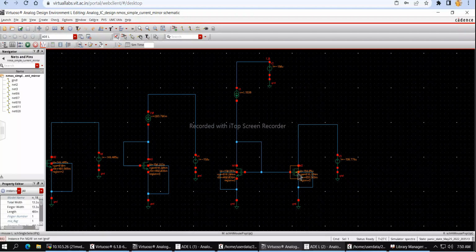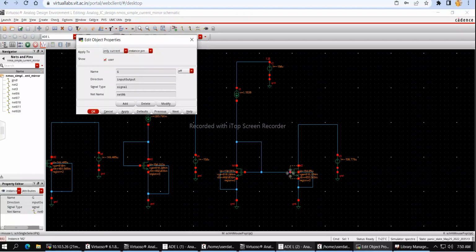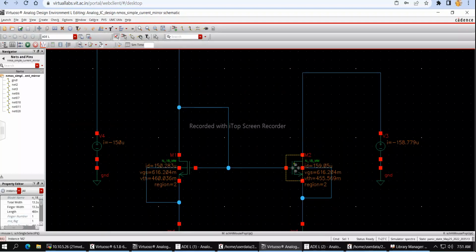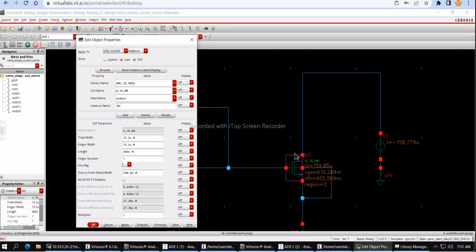Now, it is not necessary that the current mirror is capable of mirroring only the actual current. It is capable of scaling the current.